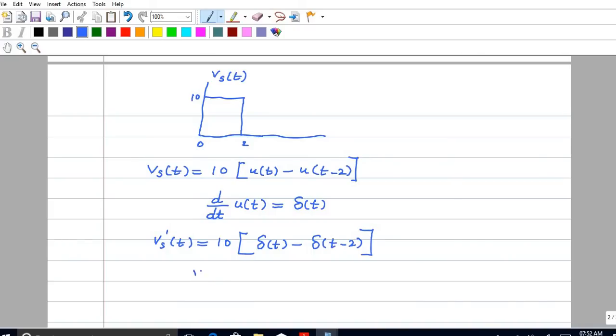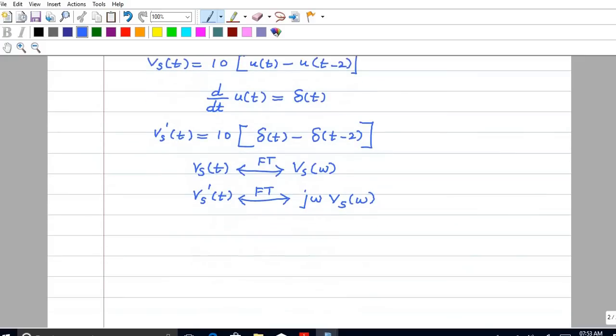So the Fourier transform of Vs of t is Vs of omega. From the time differentiation property, we can write that the Fourier transform of Vs dash of t is j omega times Vs of omega. I also want to mention the time shifting property here, just a quick recall.